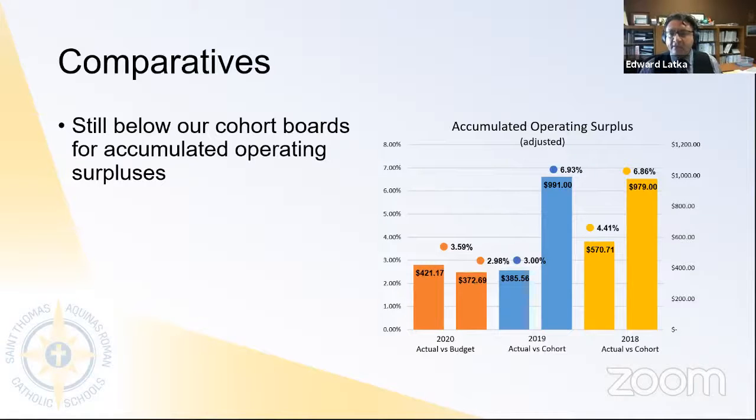So I think the trustees should feel confident that when blanket statements are made about school boards, we need to be looking at that and saying, are we the exception, and making sure that that is clear for the minister and the government, that we may be an exception to their blanket statement on surpluses.